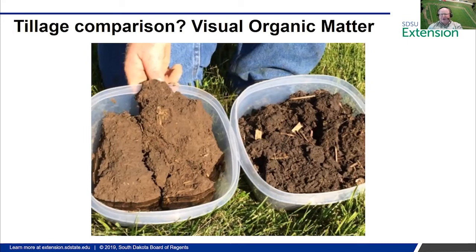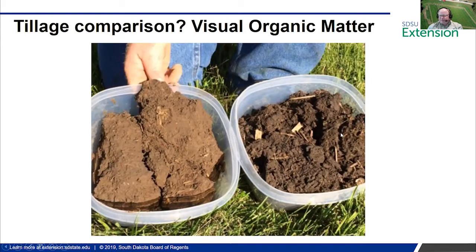I usually ask the audience in a live situation, when I can interact, what's the difference? And most every audience has answered it correctly: the one on the right has higher organic matter. So we know that as a society. That's an intuitive deduction here, okay?